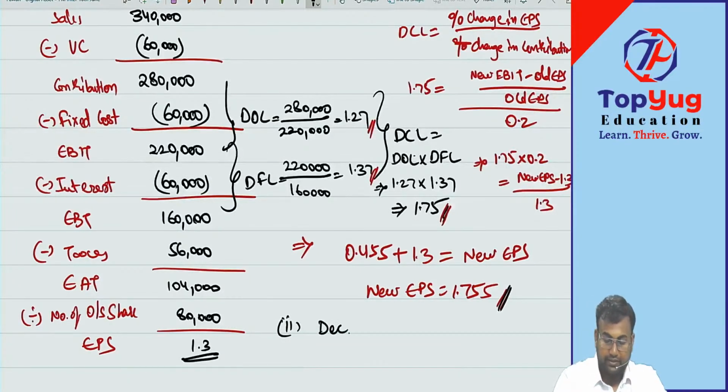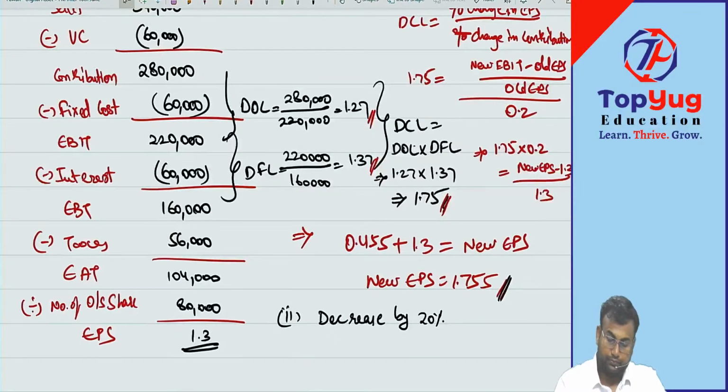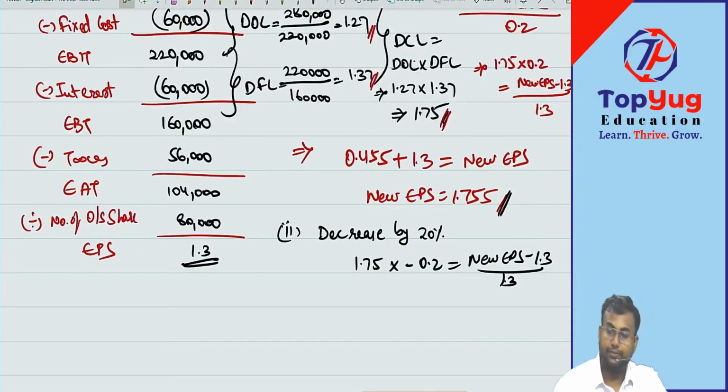In case the sales decrease by 20%, again the same thing: 1.75 into negative 0.2 is equal to new EPS minus 1.3 divided by 1.3. Correct.